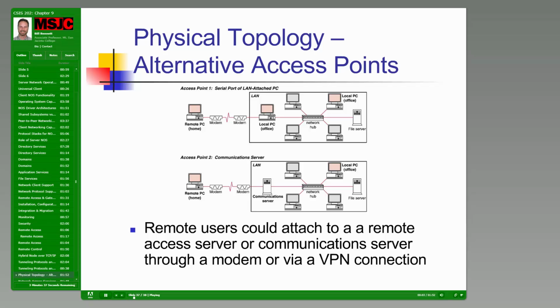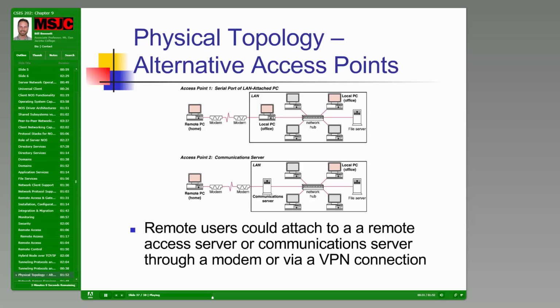So here's just a couple of different ways of doing the remote access. The remote PC uses some sort of a connection to the internet. This graphic has a modem, but these days we're going to be using DSL or a UVerse connection or a FiOS connection or a cable connection to make the local connection to the ISP, and then the same on the corporate side too. They're going to have some sort of a high-speed link, most likely not a dial-up connection.